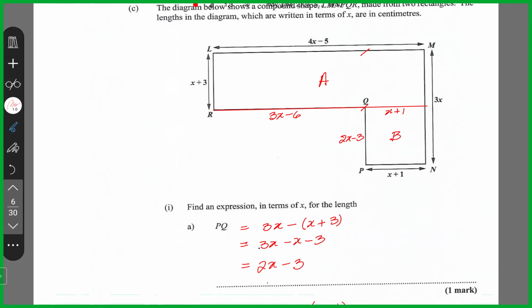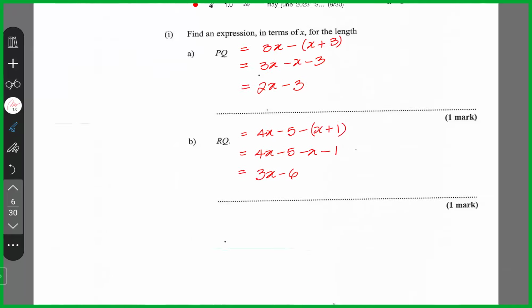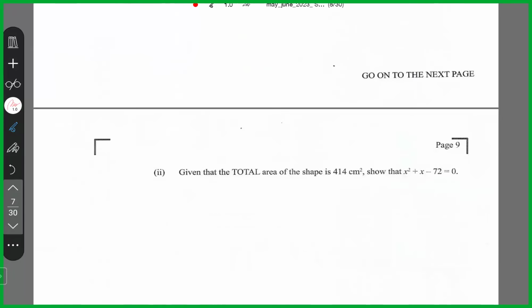So the area of A would be 4x minus 5, which is the length, multiplied by x plus 3, which is the width. And the area of B would be 2x minus 3, which let's assume is the length, and x plus 1, which is the width. So let's go for the total area.